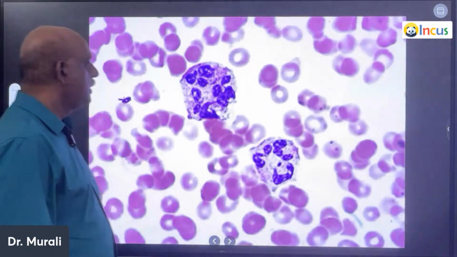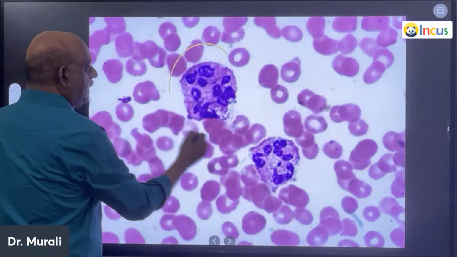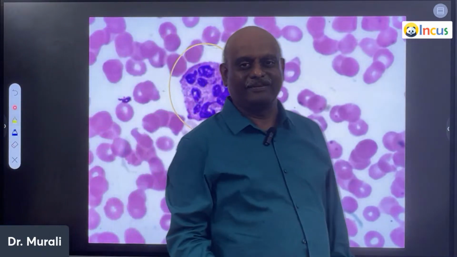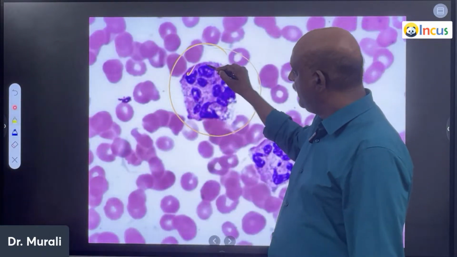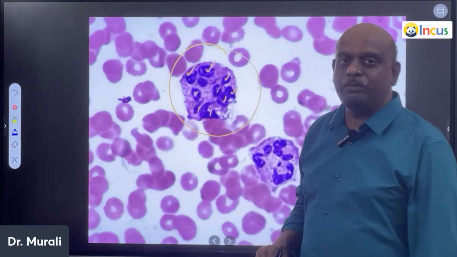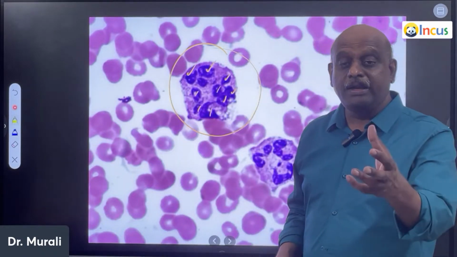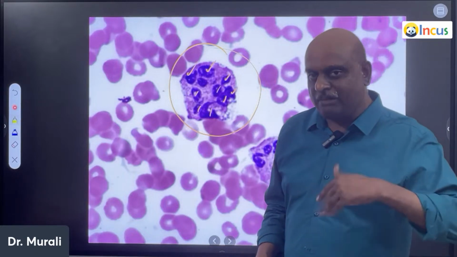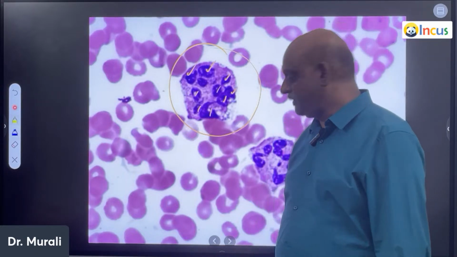So you should know, increased segments, increased lobes in the neutrophil. So many lobes is an indication of megaloblastic anemia, which can be because of vitamin B12 deficiency.